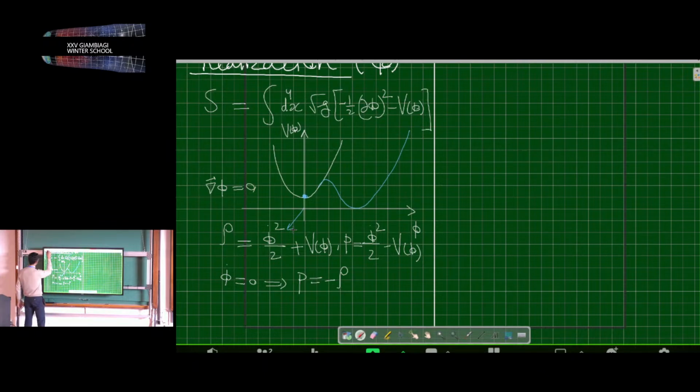If the potential is like this, then at some point there can be a tunneling from this minimum, which is called a false minimum, to this other minimum, which in this case is a true minimum of the potential. This tunneling is called Coleman-De Luccia tunneling.